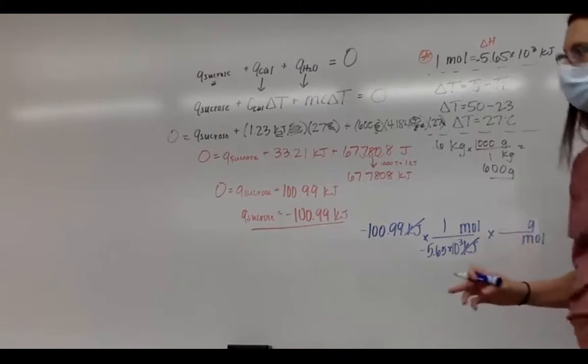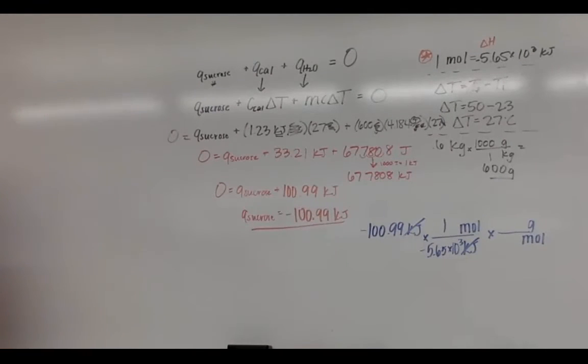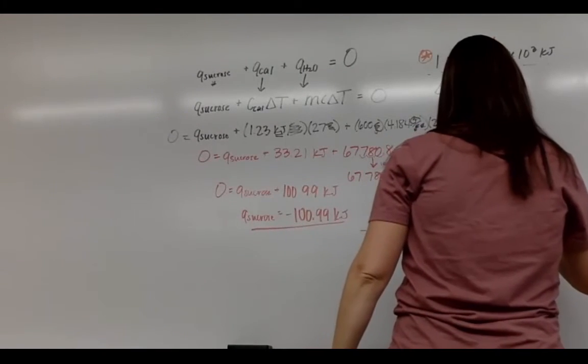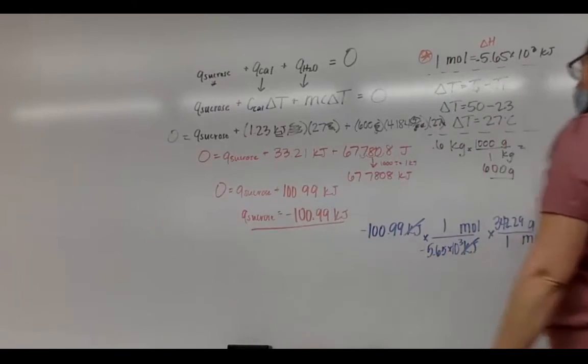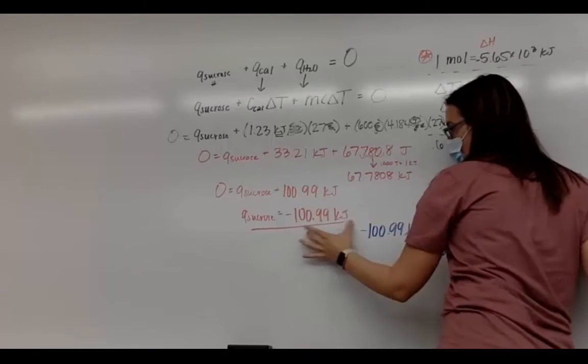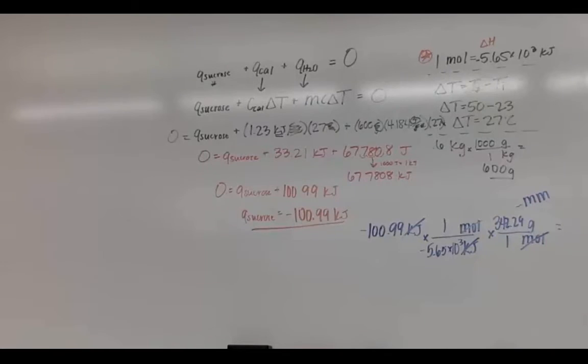To go from moles to grams, we're going to use the molar mass. 342.29 grams is 1 mole. This is the molar mass of sucrose. So we used Q as a starting point. Delta H allowed us to convert between moles and kilojoules. Then we used the molar mass to get to grams.